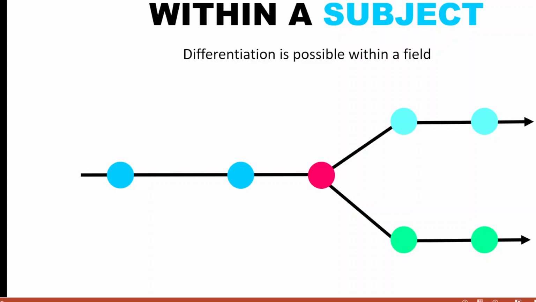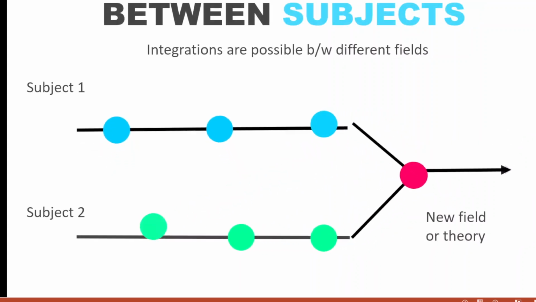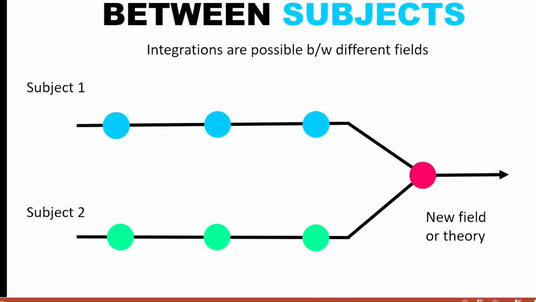Cool. Now, within a subject, one researcher might cause differentiation. For example, in behaviorism, Tolman and Bandura caused differentiation that led to the development of the cognitive school of thought, right? And there might be integrations between different fields.